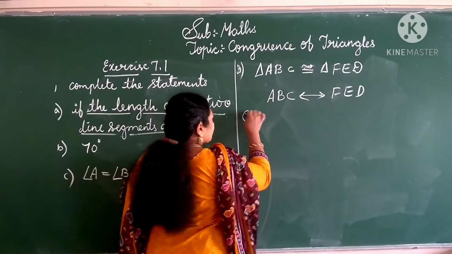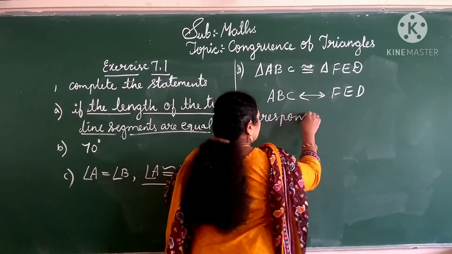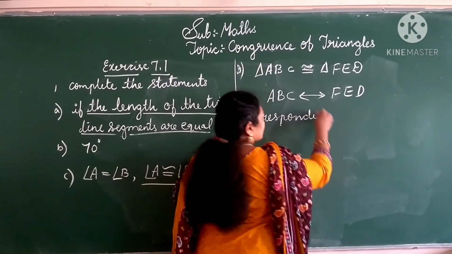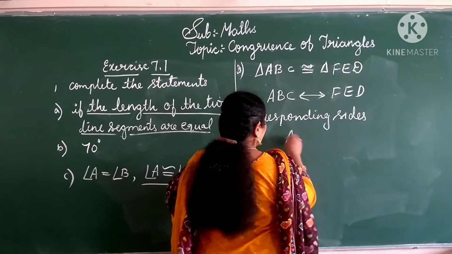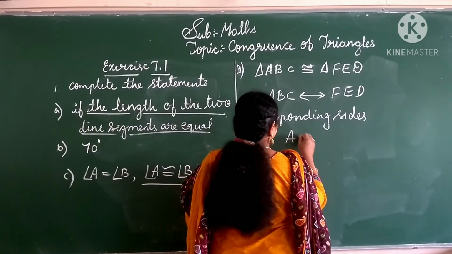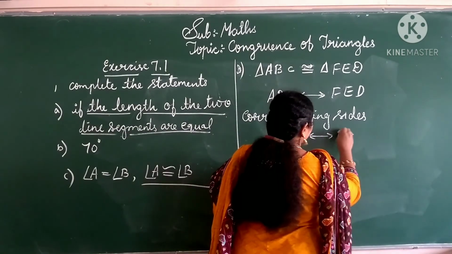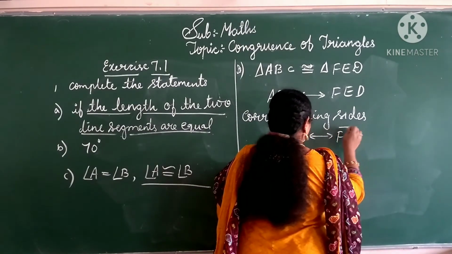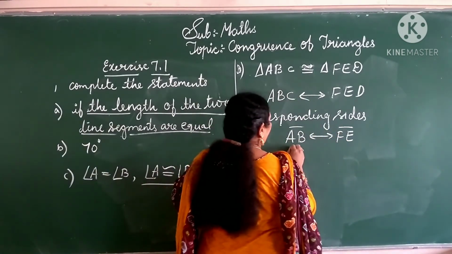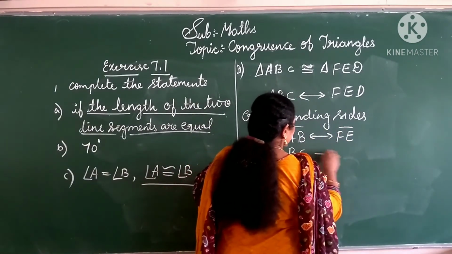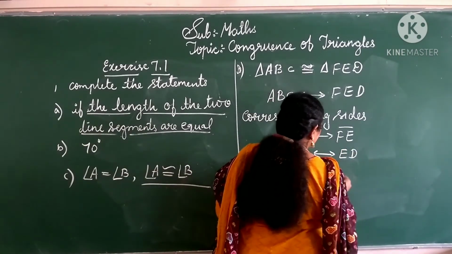Here we will get corresponding sides. Corresponding sides are AB corresponding to FE, now BC will be corresponding to ED.